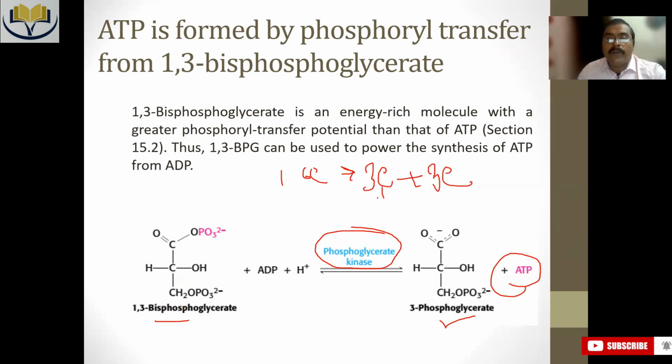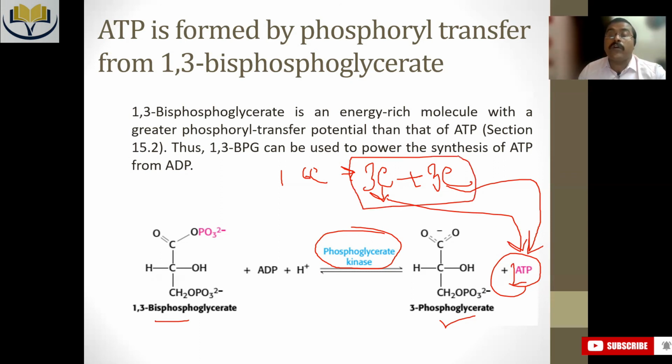So from here one ATP is produced, and one ATP will be produced from that particular group also. Through this reaction, 2 molecules of ATP will be produced because of the presence of 2 molecules of glyceraldehyde 3-phosphate, followed by 2 molecules of 3-phosphoglycerate and 2 ATP.